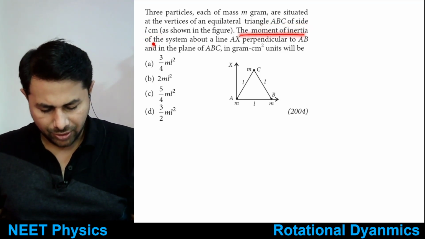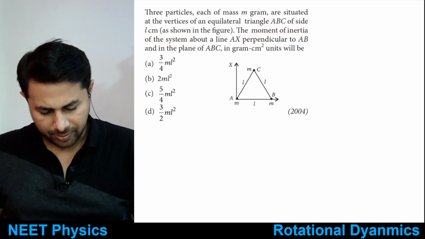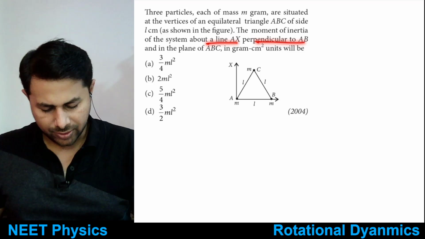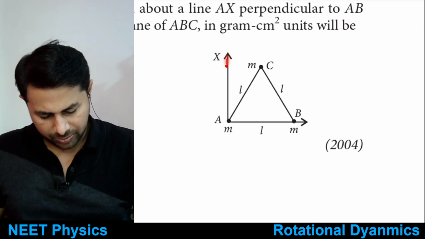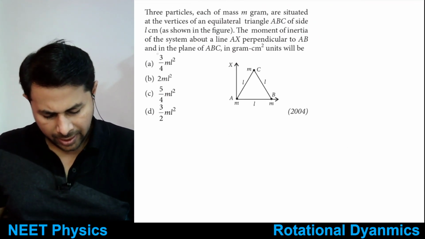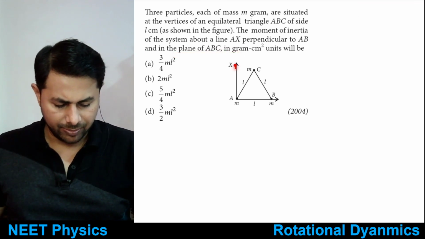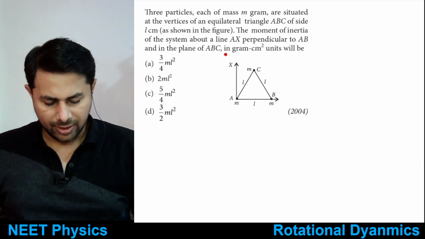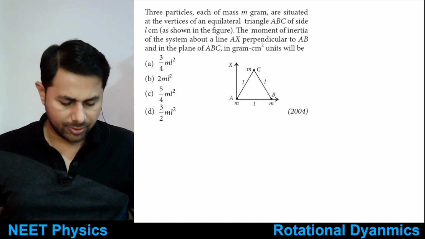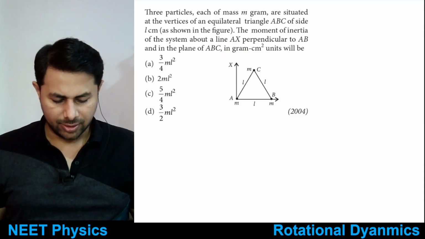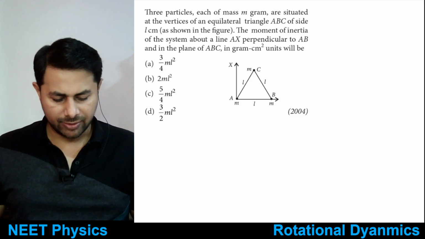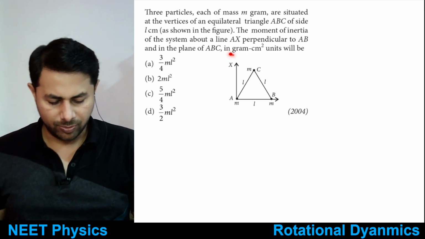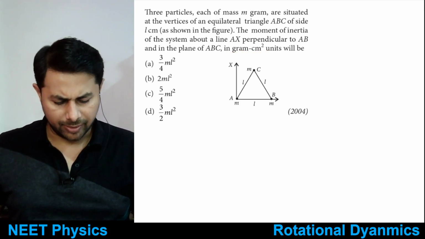The moment of inertia of the system about a line AX perpendicular to AB and in the plane of ABC is asked, in gram centimeter square. Masses are given in gram and distances in centimeters, so the unit of moment of inertia would be gram centimeter square.